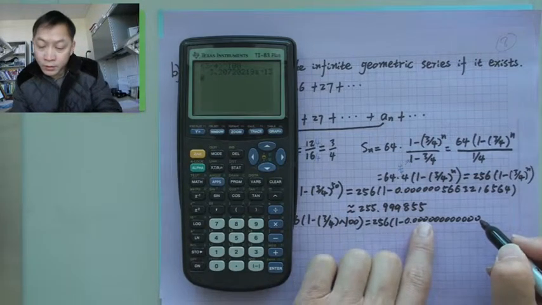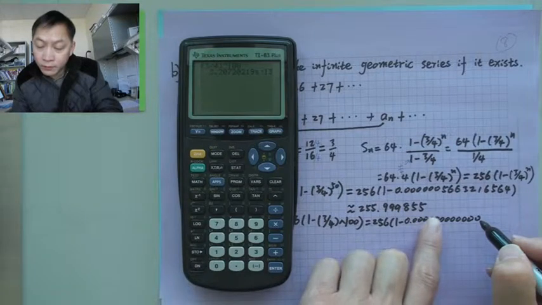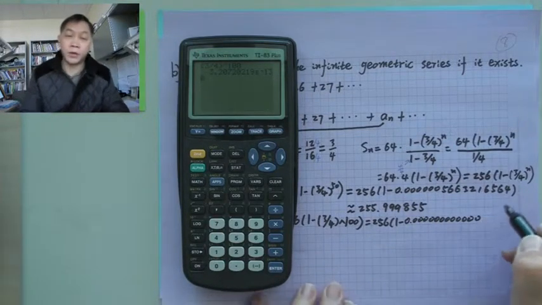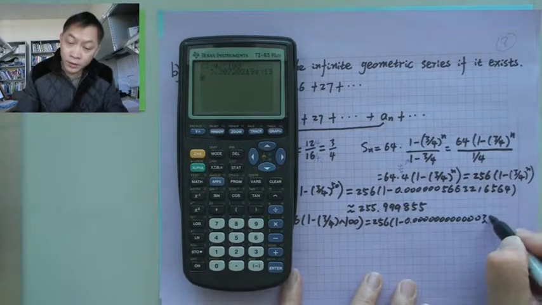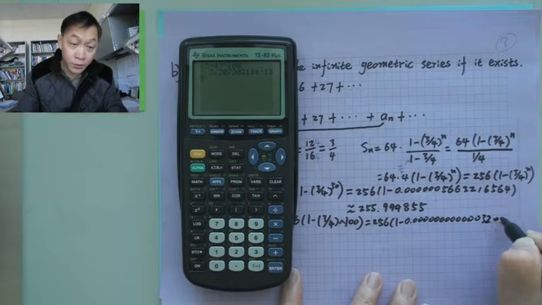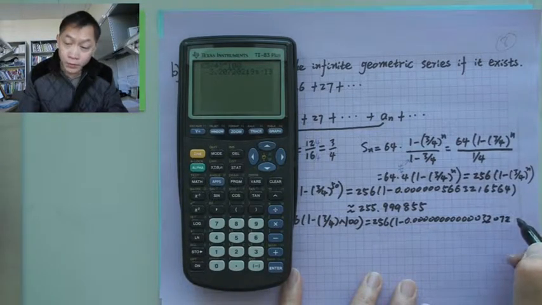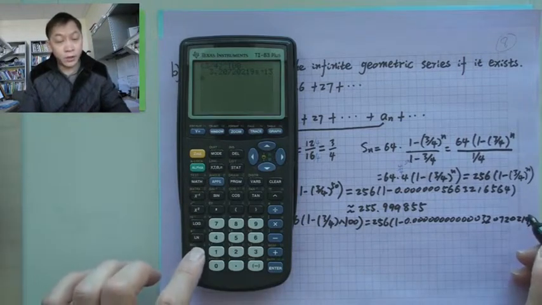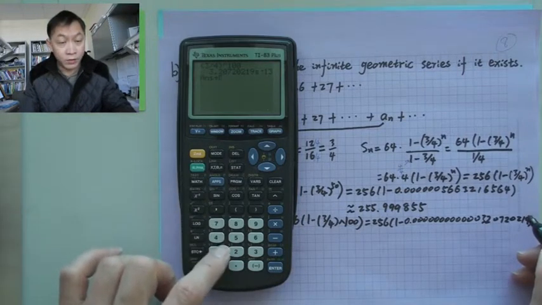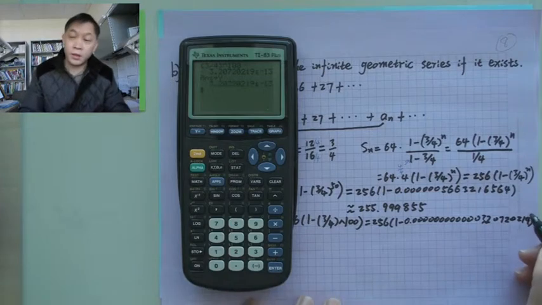Let's see. 13 zeros, and then 3, 2, 0, 7, 2, 3, 2, 0, 7, 2, 0, 2, 1, 9. Okay, you can store again this number into variable y.